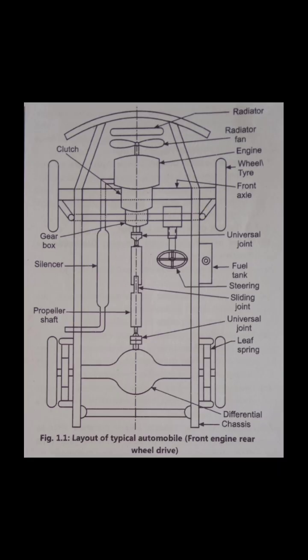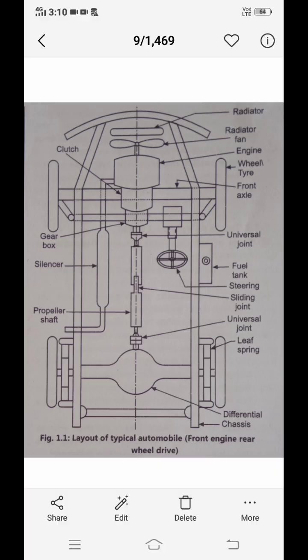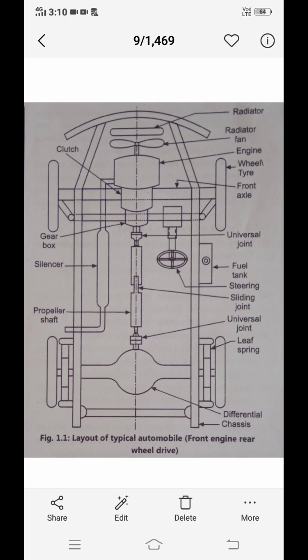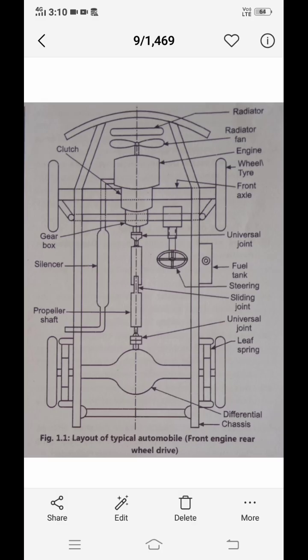Then aerodynamics is a factor: the positioning of critical elements like the engine and wheels impacts the aerodynamic profile of the vehicle. It affects fuel efficiency and overall performance by minimizing air resistance. See, dear students, in a rear engine case, the radiator fan will be at the rear side.